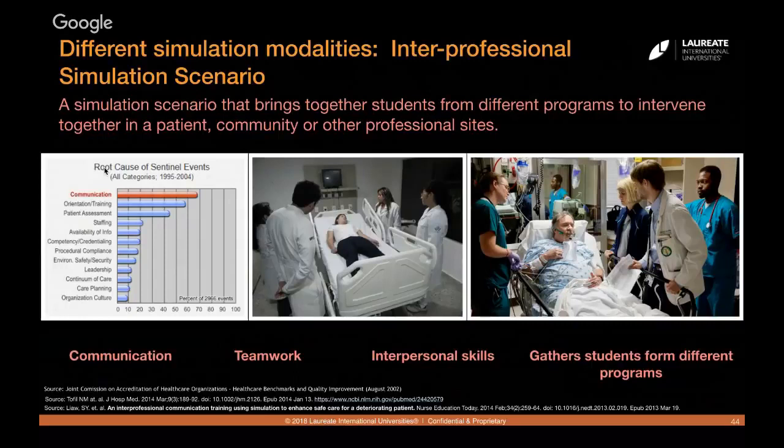They are not friends. They do not talk to each other. They do not have courses together, and they do not study together. They do not discuss clinical cases together. And it's very serious because those professionals are going to work together for their entire lives. So simulation can improve this.